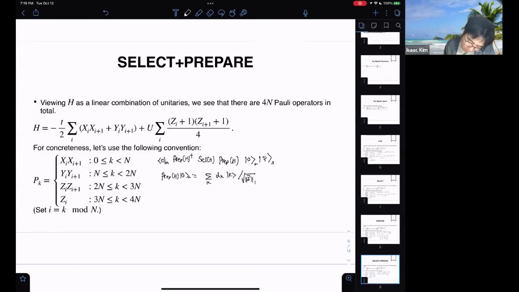So if you apply the select of h to that, well, you simply get this linear combination.